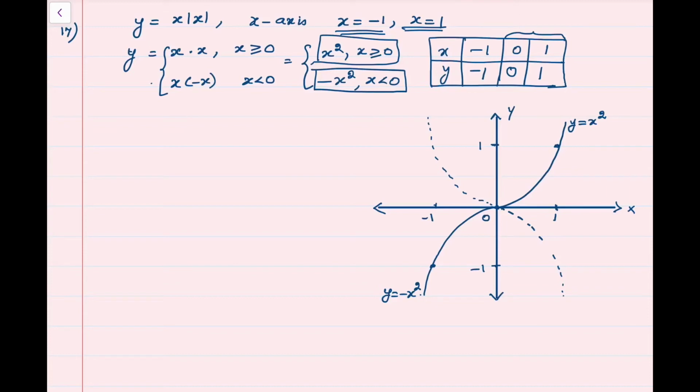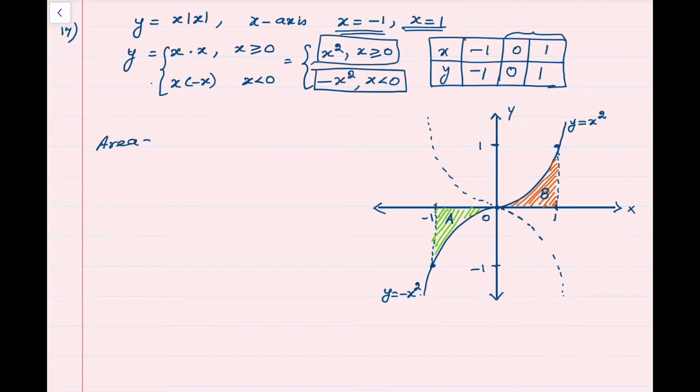Let us draw the limit lines. X is minus 1 and x is plus 1. We will shade the area. We will take this as A, this as B. A area is below x-axis. It will be negative. We have to make it positive by writing the absolute value sign or by writing a minus sign.